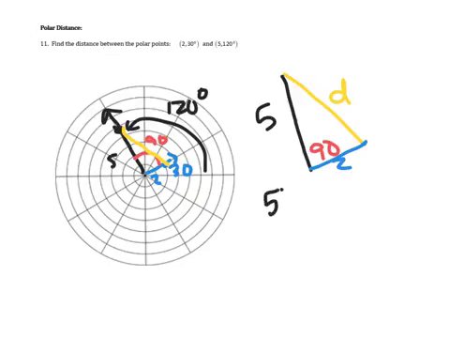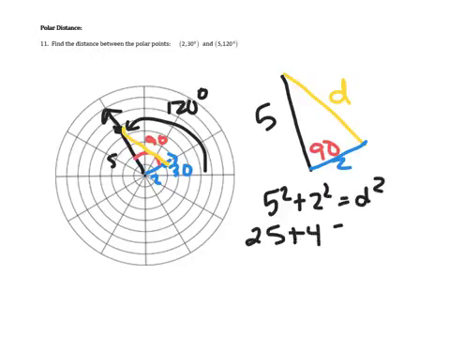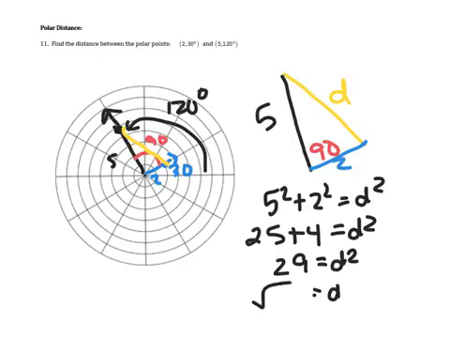Pythagorean theorem: 5 squared plus 2 squared equals d squared. 25 plus 4 equals d squared. 29 equals d squared. So my d, when I square root 29, is going to give me about 5.385. Okay.